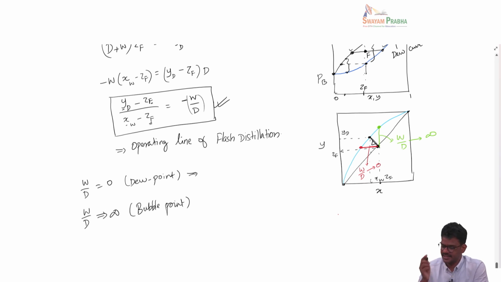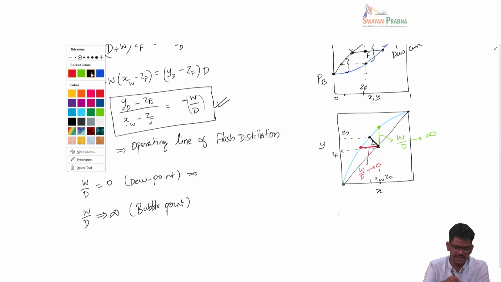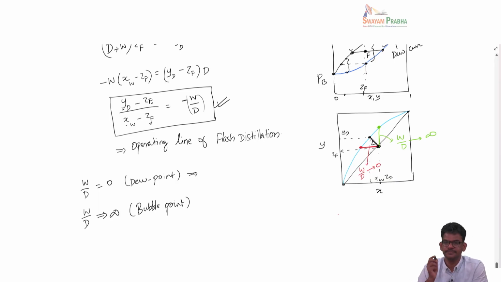So what it says is that if I have decided what my ZF is, the limit between the bubble point and dew point corresponding to that ZF are the choices for me. I can operate the flash drum or the flash distillation between these two limits. You can operate between the bubble point and the dew point, and you have access to reach any of these compositions as equilibrium compositions, not beyond.